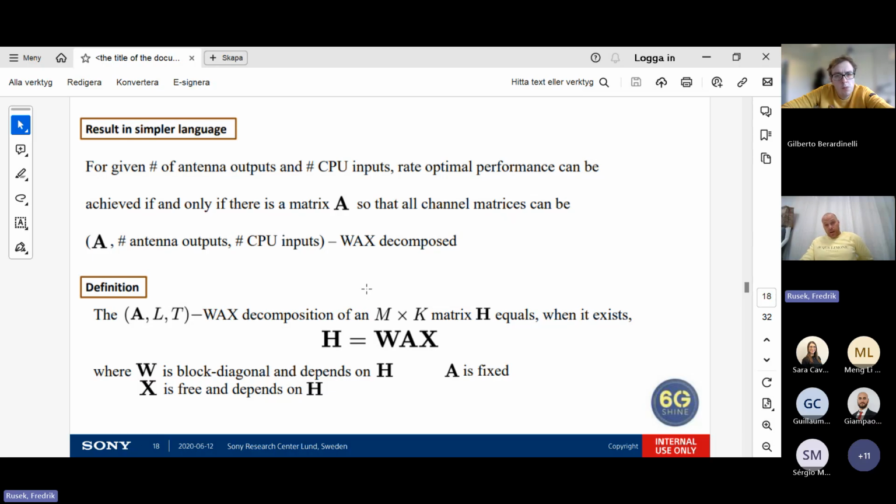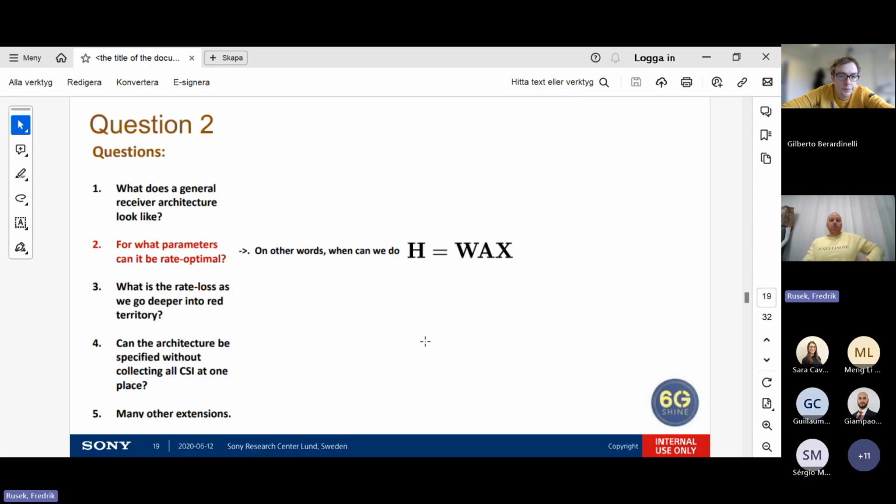So if I can find an A so that for every single H, I can find block diagonal W and X, I know that I have found an architecture of a receiver that is actually lossless. Okay, so now we can ask, for what parameters, meaning T and L, is it actually possible? That means, when is the WAX decomposition possible to actually carry out?